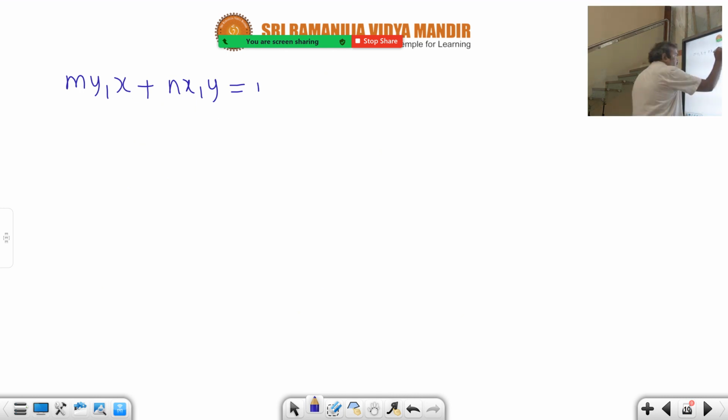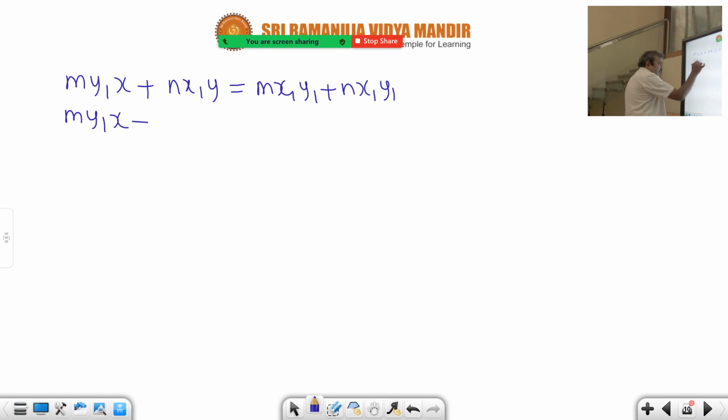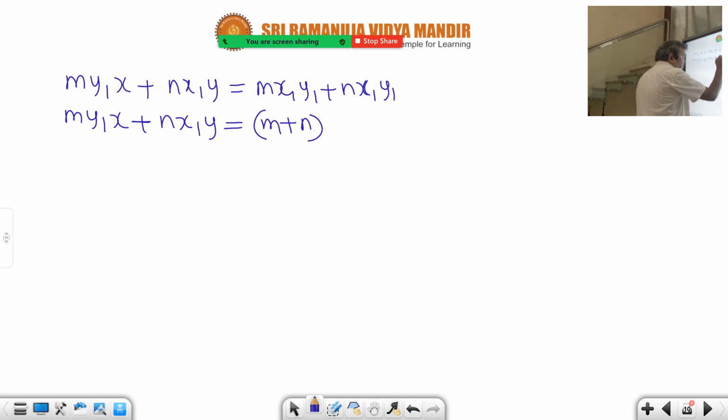So it is m x1 y1, correct, and n x1 y1. Now it is m y1 x plus n x1 y is equal to, from these two, m plus n into x1 y1.